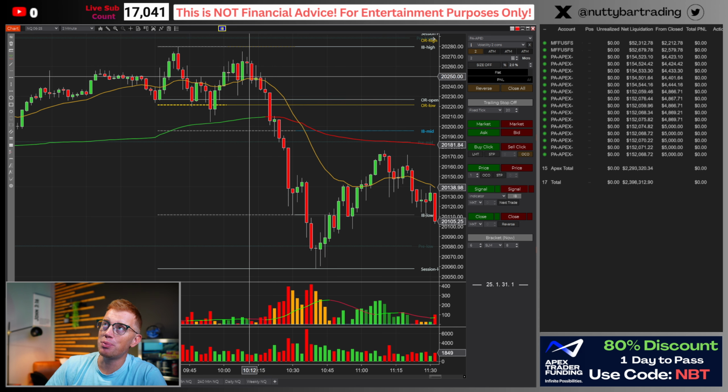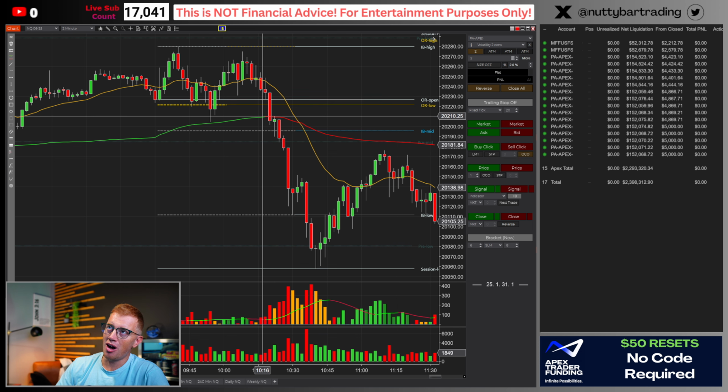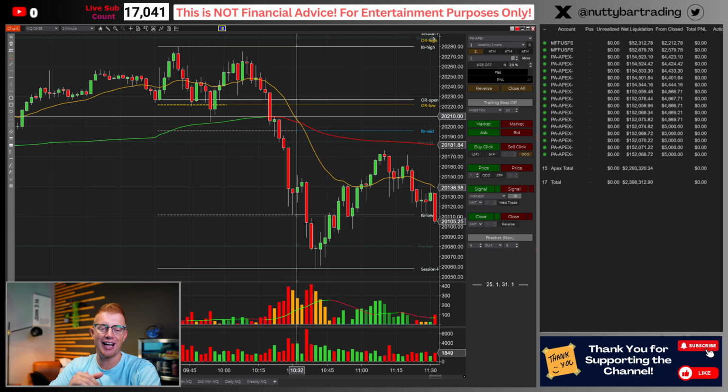We got another pullback here. On this candle, I think my original entry was 3 or 4 micros. Of course, we start selling off. I add 4 more here, and I got the deer in the headlights look, and I just started to panic.